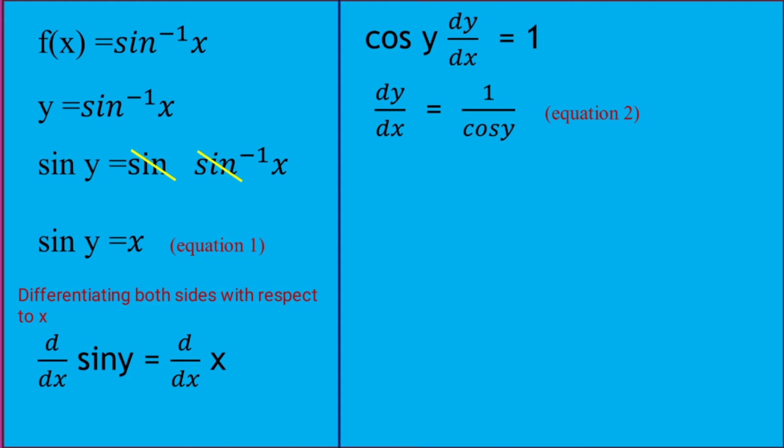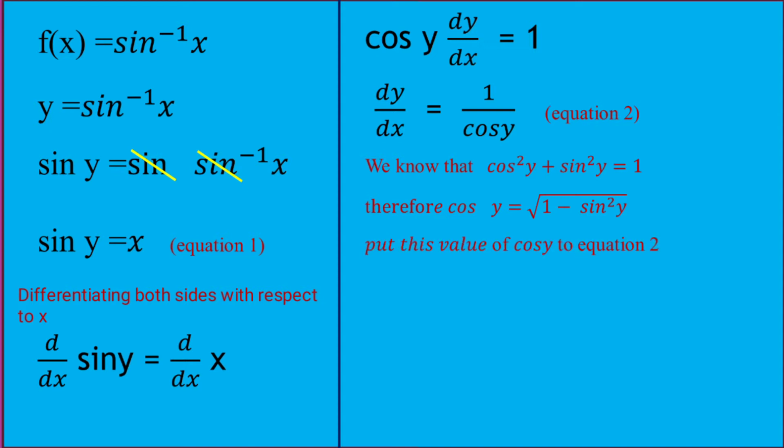We know that by the Pythagorean identity, cosine squared y plus sine squared y equals 1. From this identity, we can get the value of cosine y. Therefore, cosine y equals the square root of 1 minus sine squared y.